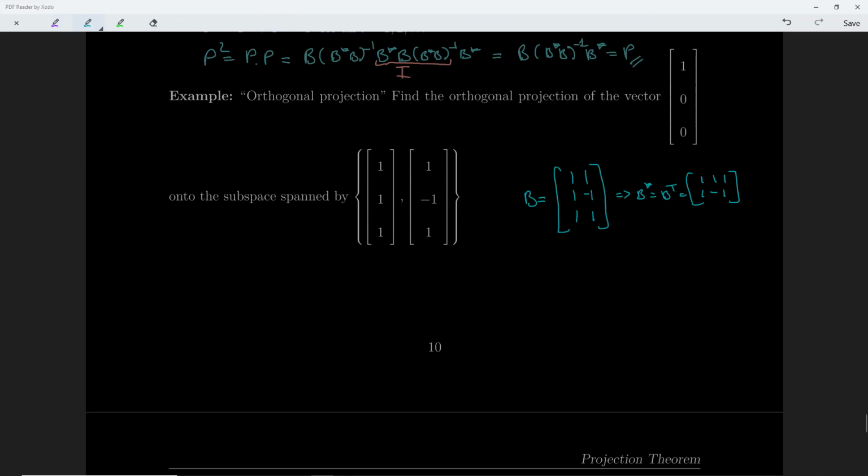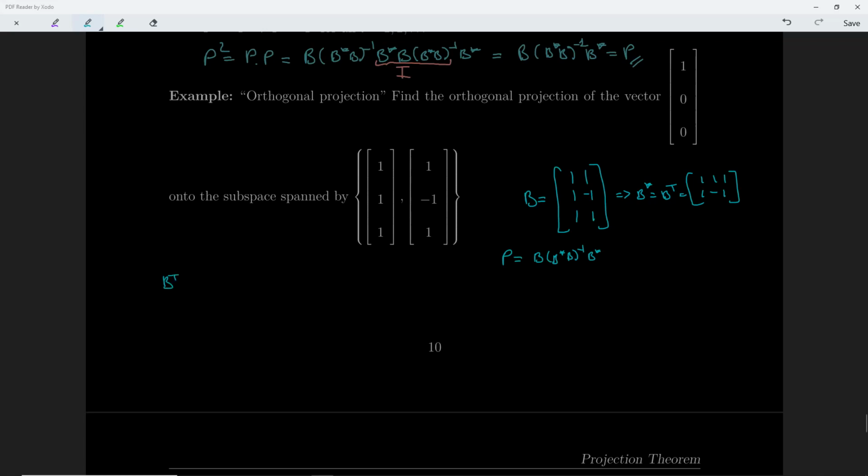All right, in order to find the P matrix, P was B times (B conjugate transpose B) inverse times B conjugate transpose. So I need to find the inverse of the multiplication of these two matrices, right? So let me write that down.